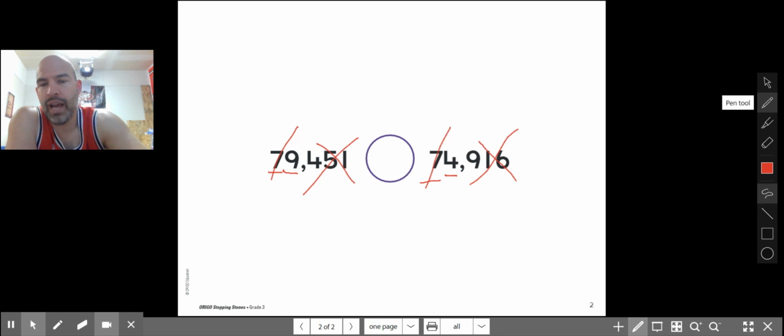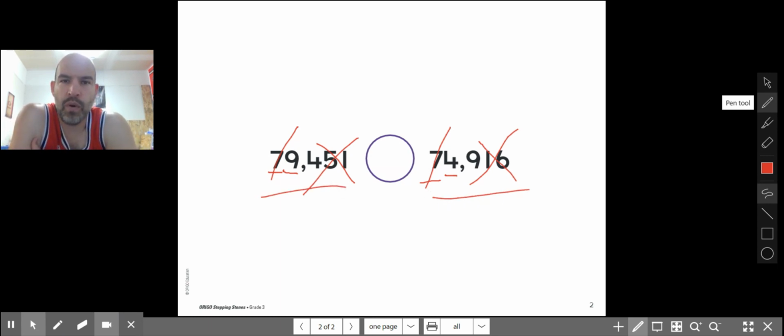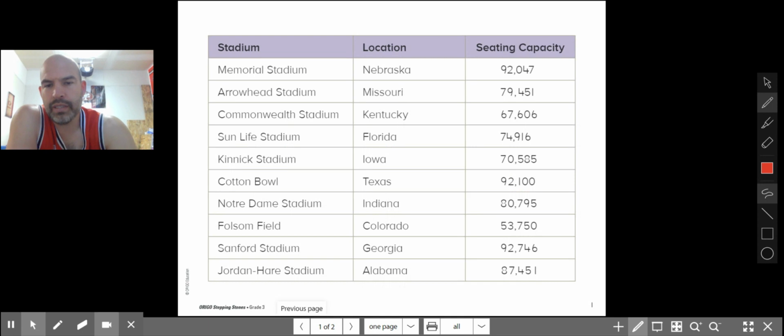So if we look at the entire number on both sides, we say 79,451 is greater than 74,916. So we're going to use the greater than symbol. Now, if you want to practice a little bit more, you can choose various locations and their stadiums and their capacities, and you can compare a given set of numbers.